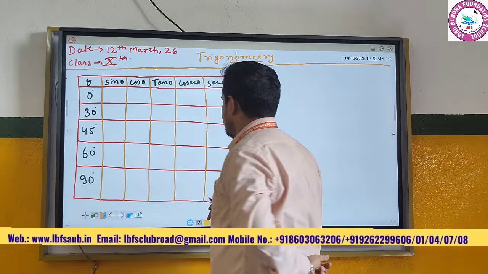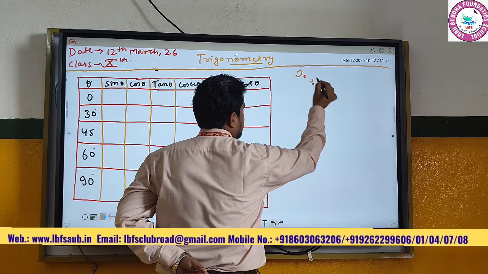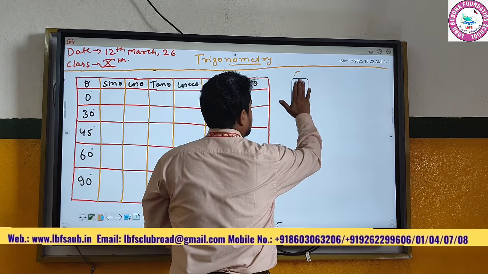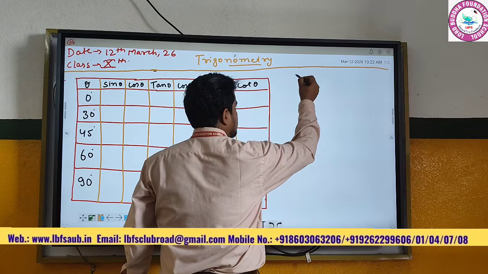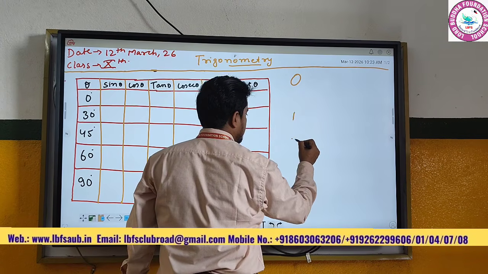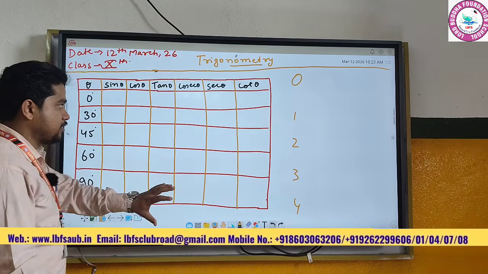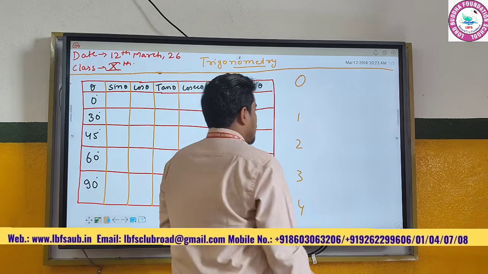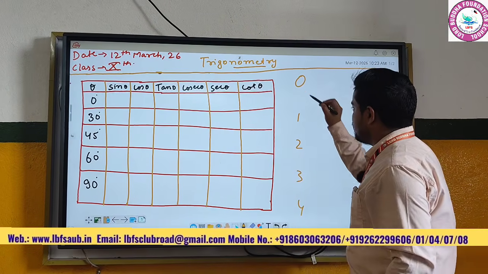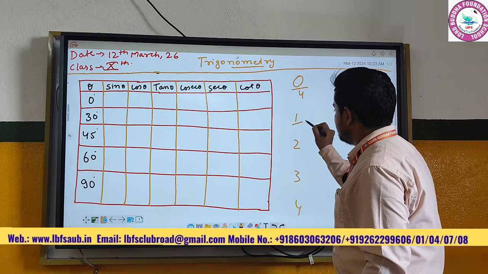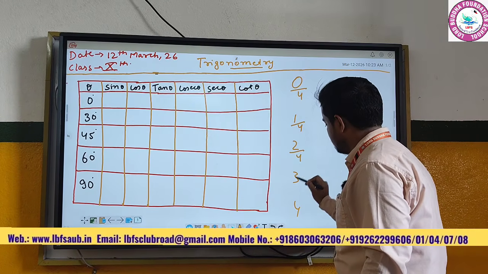Okay, so first of all you have to write 0, 1, 2, 3 and 4. You have to make it like this: 0, 1, 2, 3 and 4. Now you have to divide all these numbers by 4.